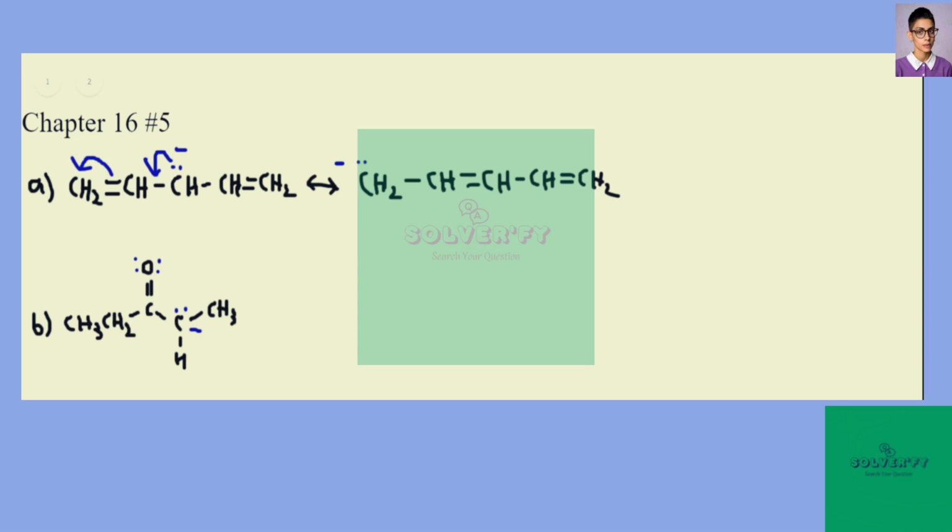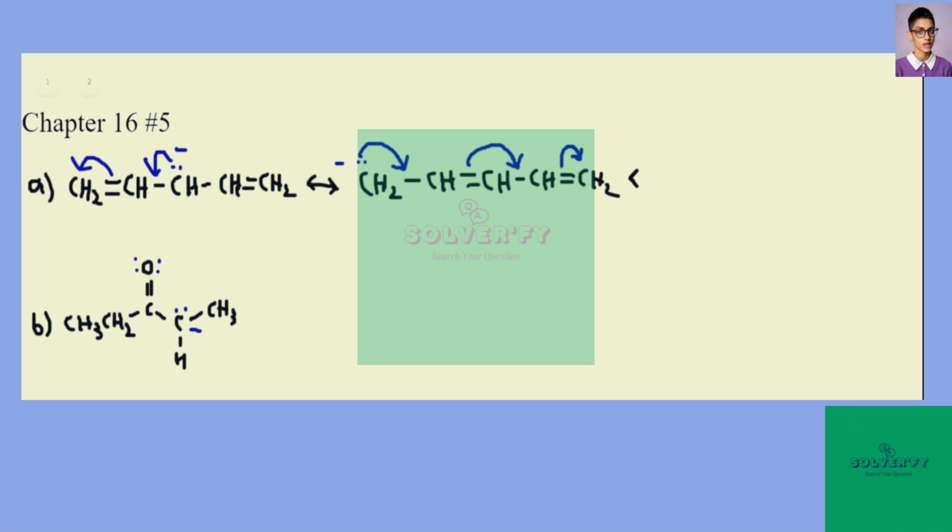And so we can also go the other way. So these electrons can add back in here. These electrons can go here. And these electrons can go to this carbon.